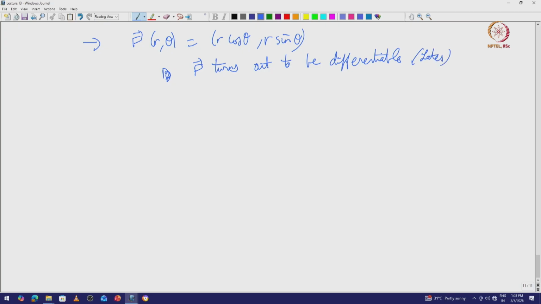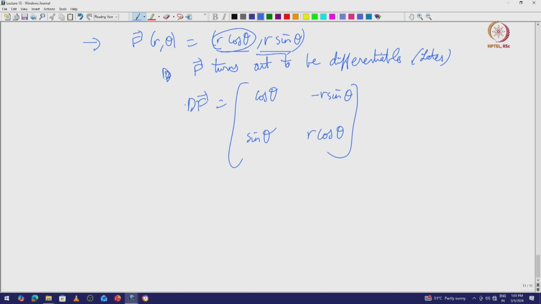But again, what is the derivative? So the derivative is the gradient of the first component. It's d by dr of this, so it's cos theta, d by d theta of this, so it's minus r sin theta, d by dr of this is sin theta, d by d theta of this is r cos theta. Okay. All right. So this is the derivative matrix of this particular function.